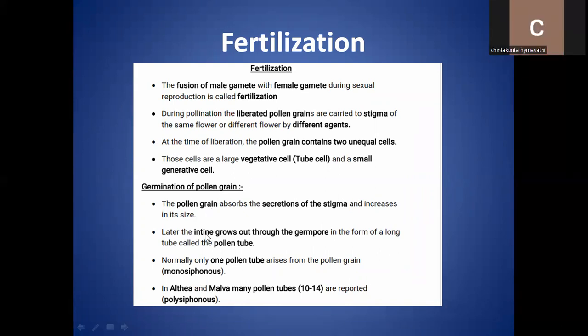And later, the intine grows out through the germ pore in the form of a long tube called the pollen tube. Normally, one pollen tube arises from a pollen grain, but in some members like Althea and Malva, many pollen tubes are formed. That condition is called the polysiphonous condition.